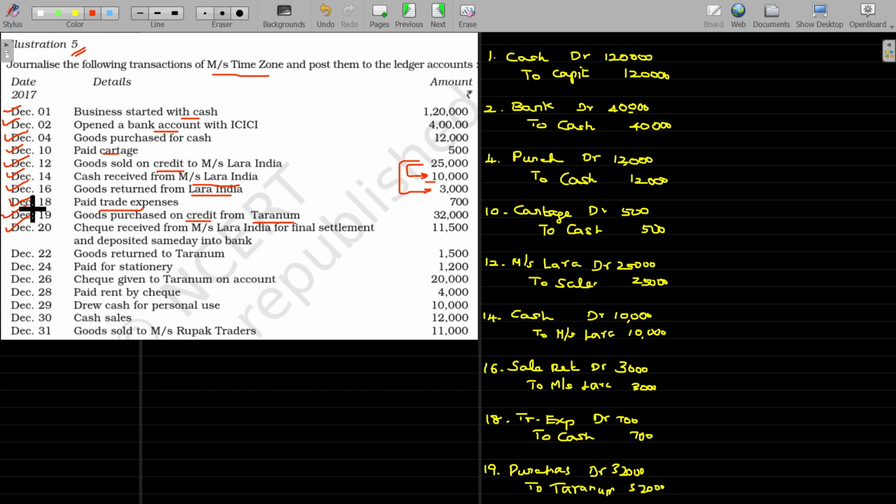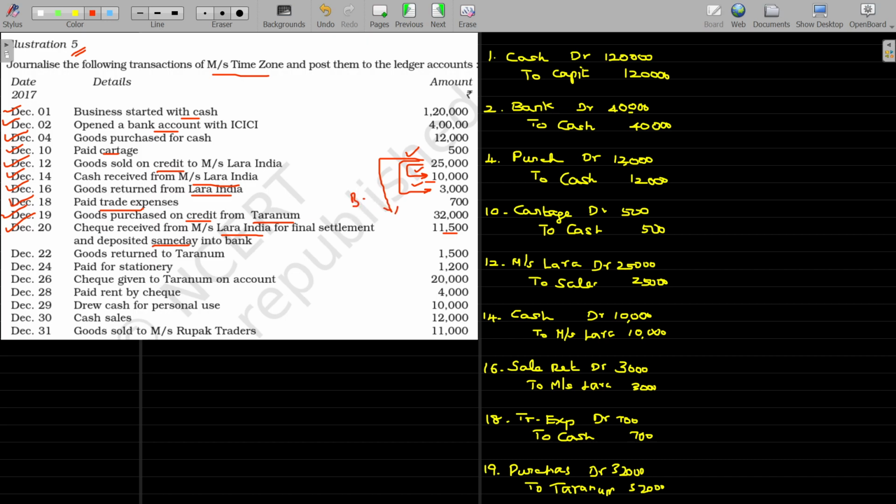On 20th December, check received from Mrs. Lara India for final settlement 11,500 and deposited on the same date into the bank. Lara India, to whom we sold for 25,000, 10,000 was already collected, 3,000 worth goods unfit for usage is returned.